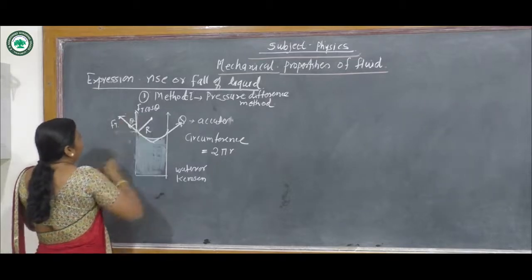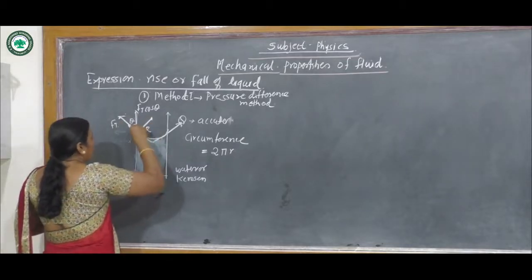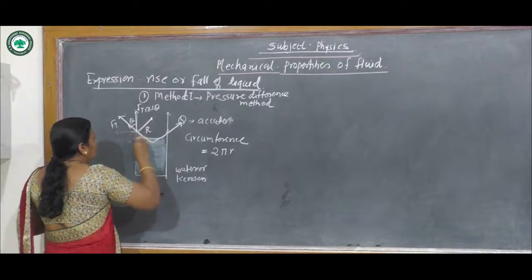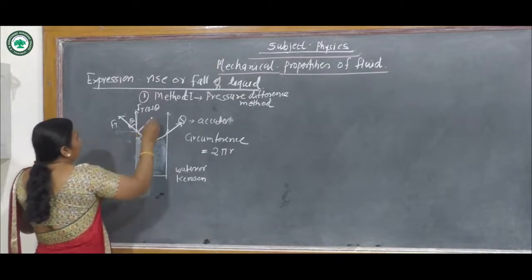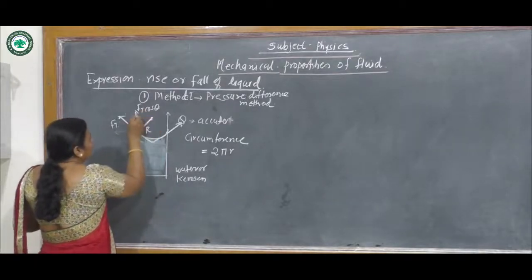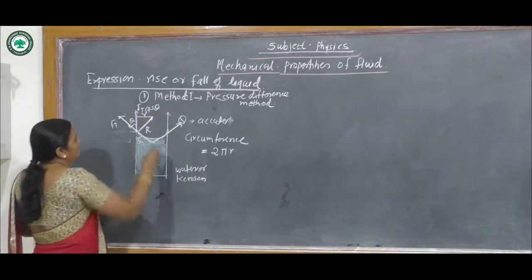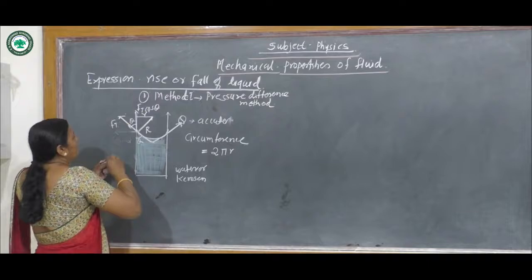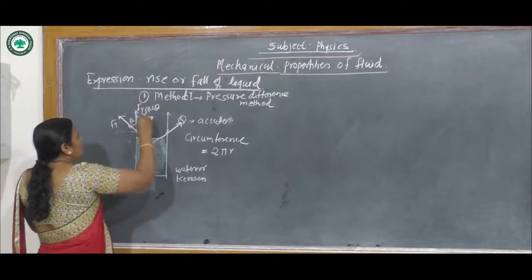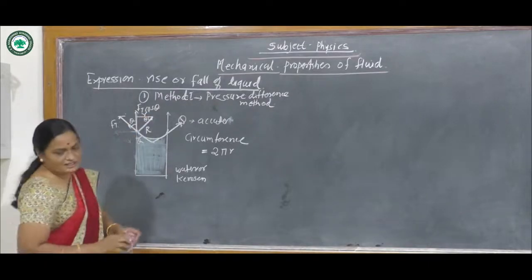Now we see, suppose this angle is also theta, then we can write, suppose small r is the radius of this capillary. Due to geometry, this angle is also theta. This angle is also theta.